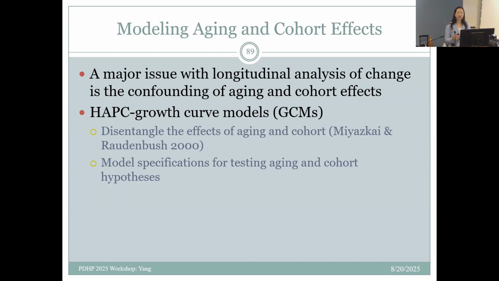The general analytic framework for addressing this issue was first proposed by a sociologist and a psychometrician in combination, Miyazaki and Raudenbush, in an article published in Psychological Methods, about how you can use this model to disentangle the effects of aging and cohort. So we'll introduce this model specification for testing various aging and cohort-related hypotheses.